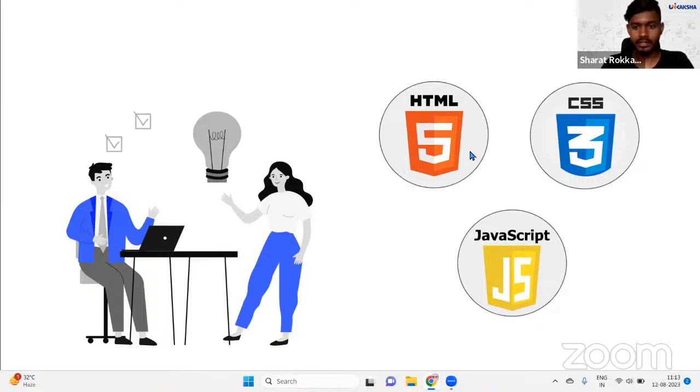I'm not sure why my screen is getting stuck. I'm not able to... Second.